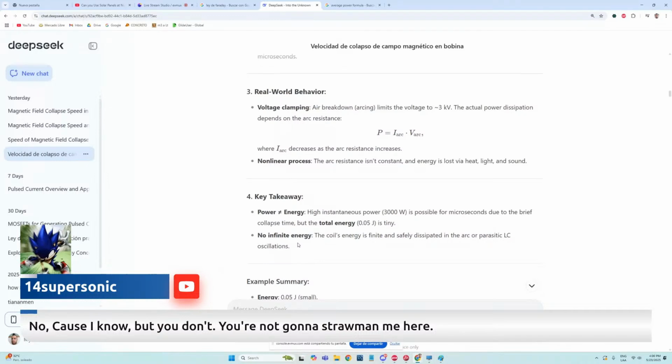One of the biggest things that I argue about, and I talk to a lot of different types of AI, Google is more stringent, is that the AI and I have a discussion on what is over unity. I take over unity from the dictionary, okay? And it's taking over unity from people who are what they consider pseudoscience.